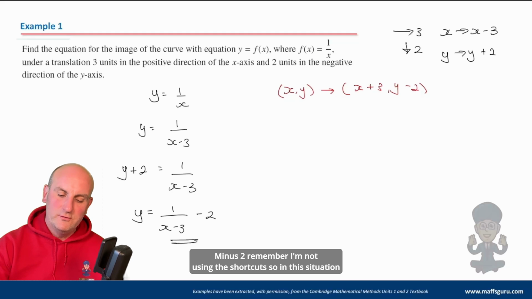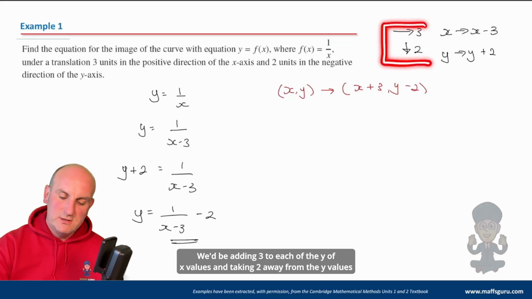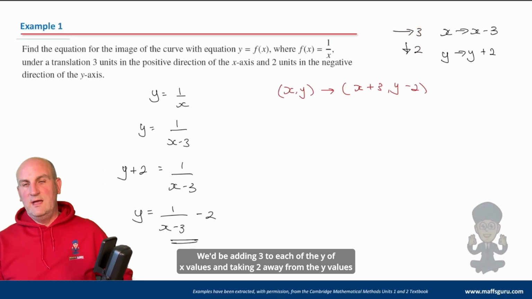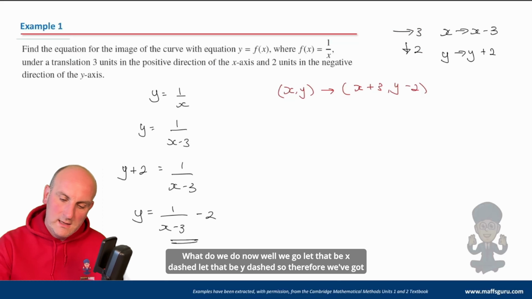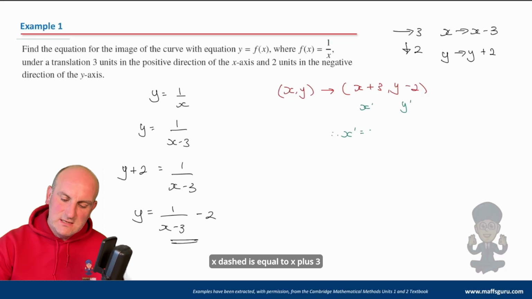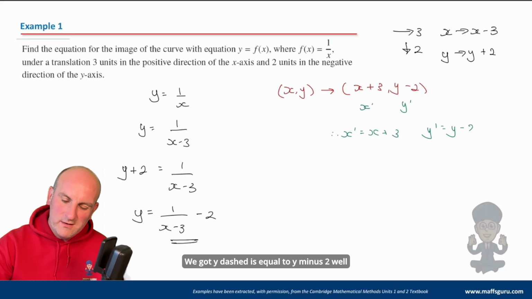Remember, I'm not using the shortcuts. So in this situation, we'd be adding 3 to each of the x values and taking 2 away from the y values. What do we do now? Well, we go, let that be x dashed, let that be y dashed. So therefore, we've got x dashed is equal to x plus 3. We've got y dashed is equal to y minus 2.